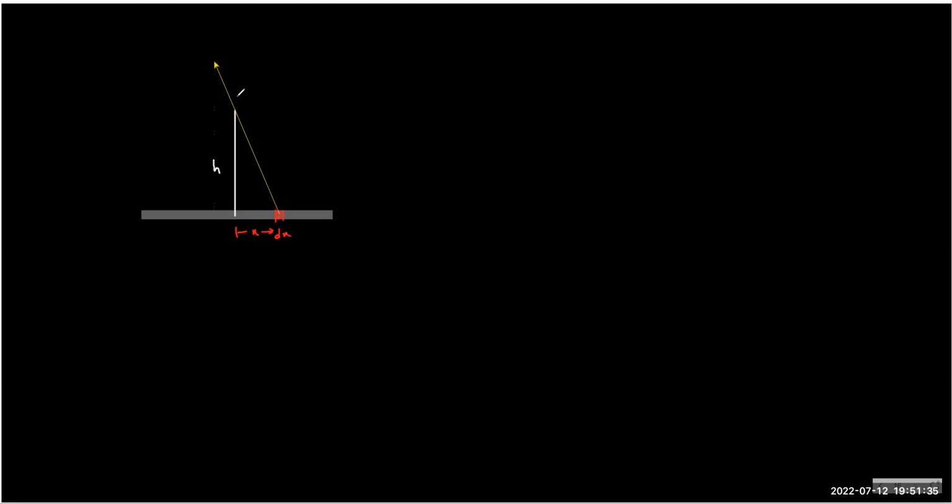Because of symmetry, I can take this as theta, and I can also call this distance r as of now, which I'll convert. So what we are looking for is dy, because the x component will cancel out because of symmetry. I have to take dx separately and will integrate.